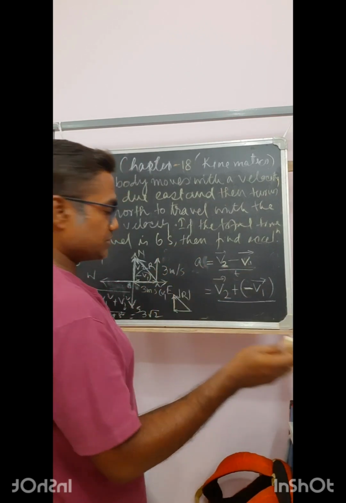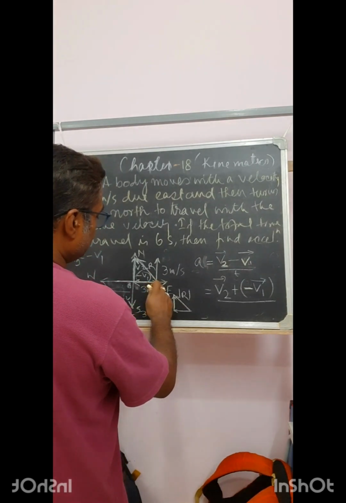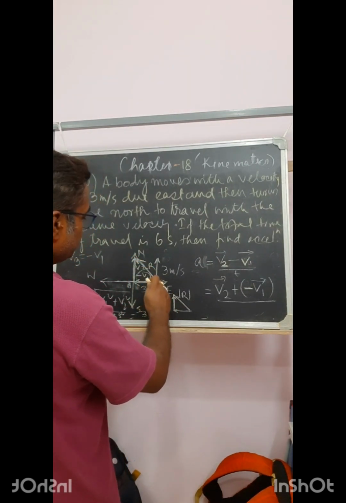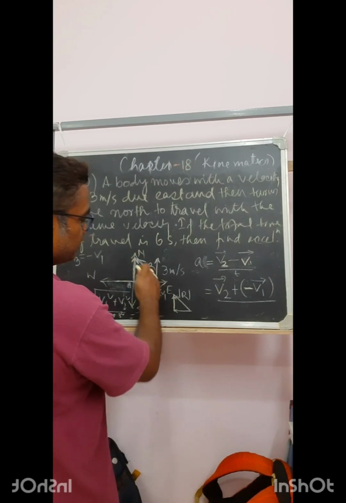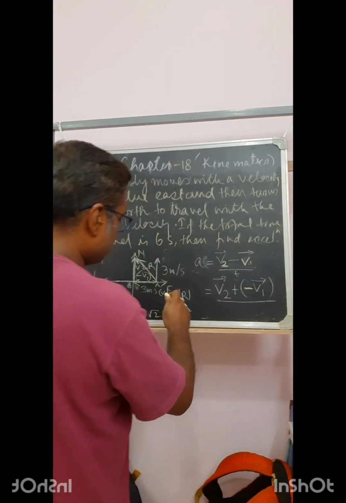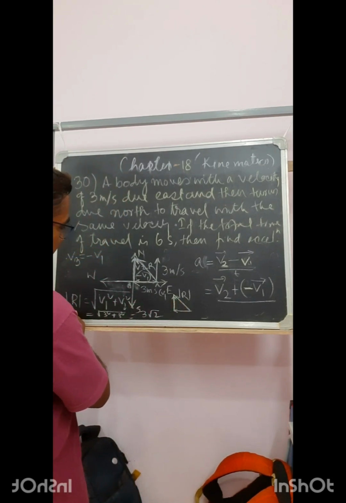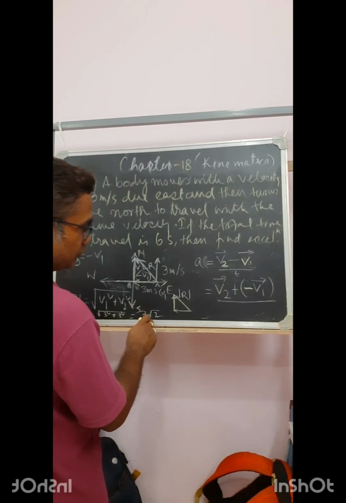Velocity depends on the displacement. So as this is the shortest distance moved in this direction, you can assume the resultant velocity in that same direction. So the magnitude of resultant velocity is 3 root 2.